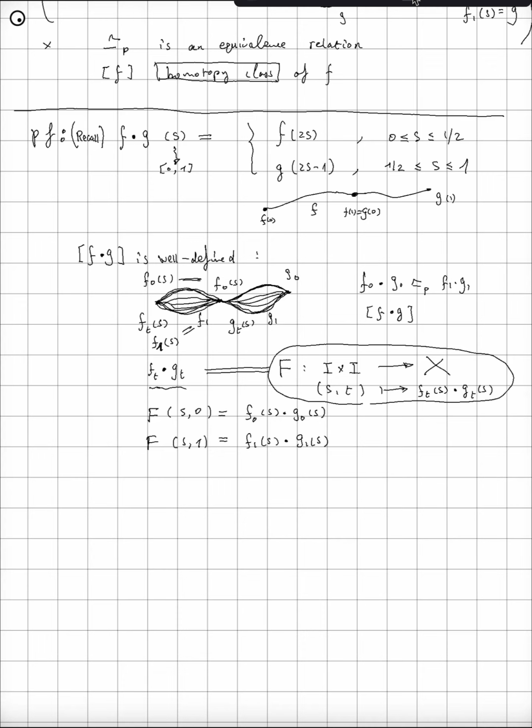Roughly speaking, the requirement that big F with respect to s, t is continuous is geometrically just saying that this connecting family of continuous paths, these curves, are really changing smoothly.